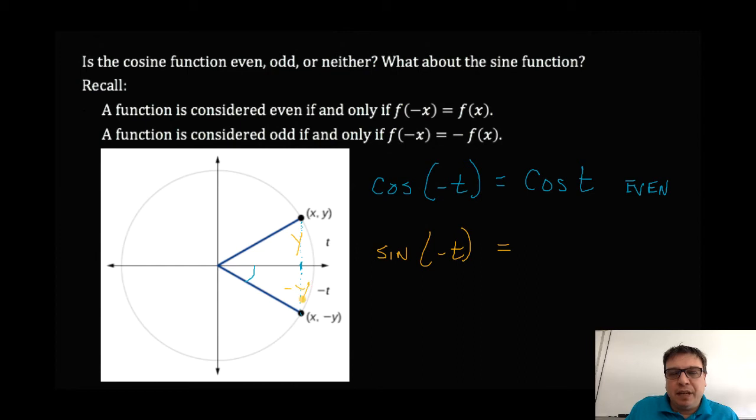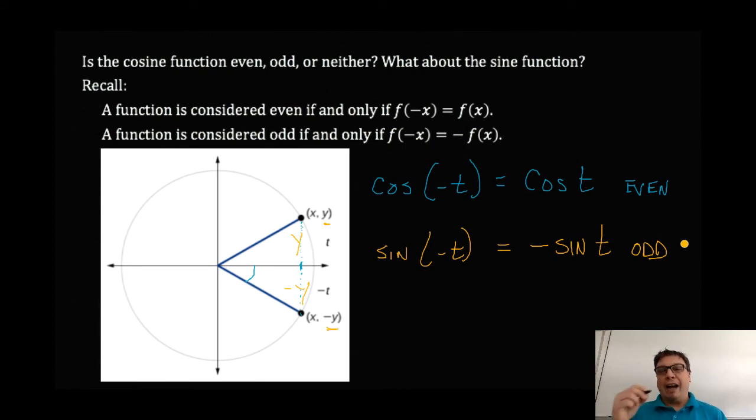This would actually be a negative y value, because remember, when we look at the coordinates, x, y, x is the cosine, y is the sine. So if I'm at t, then my value is just y. If I'm at negative t, then my value is at negative y, which means we have the opposite. So that means that sine is an odd function. So cosine is even, sine is odd.